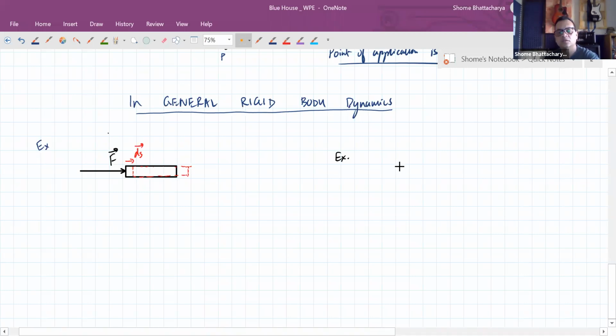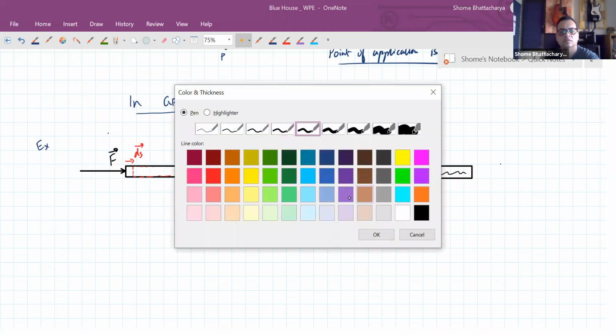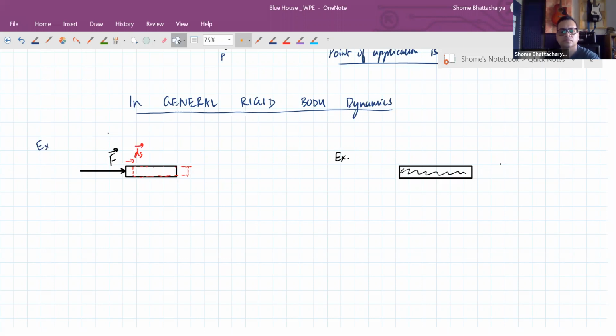Okay, but a more interesting example here is that suppose a rigid body, again that block kind of thing, is lying like this. But we are applying a force on it in this kind of manner. We are applying the force like this on it, let's say. As a result of that, the body now displaces like this.